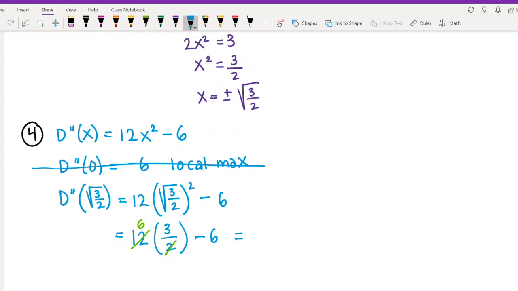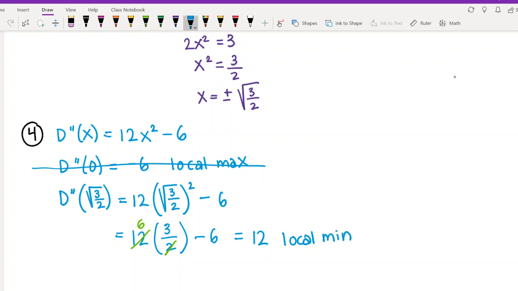So we have 18 minus 6, which is 12. And 12 is positive, and so that tells us that the graph of the derivative is concave up. And so that means that we have a local min.